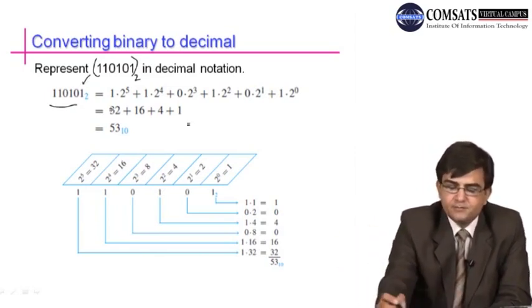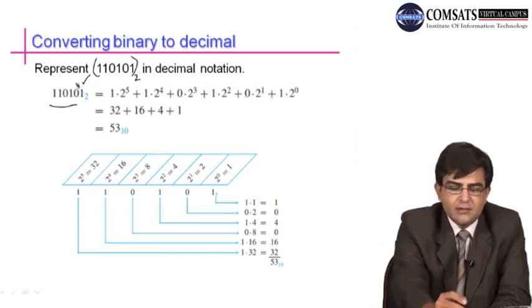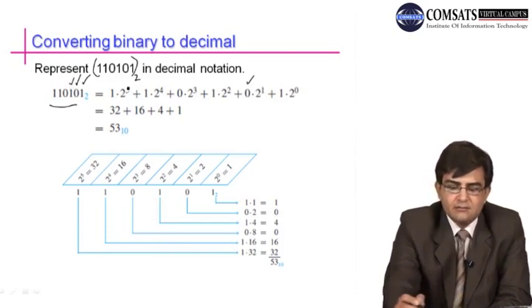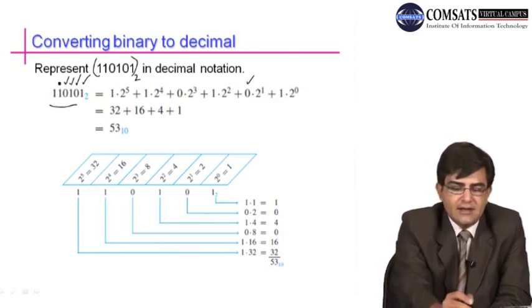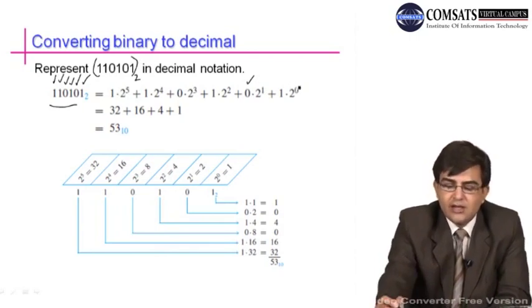We start by writing 1 into 2 power 0, the next number into 2 power 1, the next into 2 power 2, the next into 2 power 3, the next into 2 power 4, and the last number into 2 power 5. So here we don't miss any power of 2.